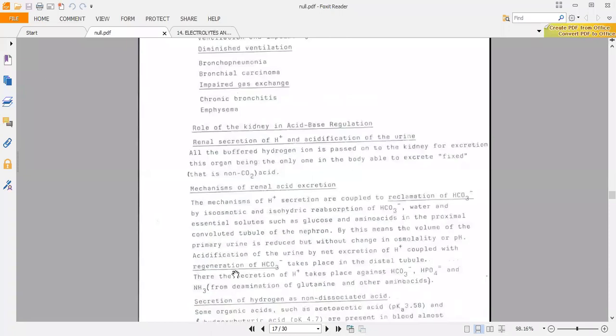Senior Bright, yes, please. Can you please go over the ventilation perfusion imbalance? Okay, so when you say ventilation perfusion balance, we are saying that the amount of blood that is going into the lungs per minute should be equal to the amount of oxygen which is coming into the lungs per minute, so that it's balanced.